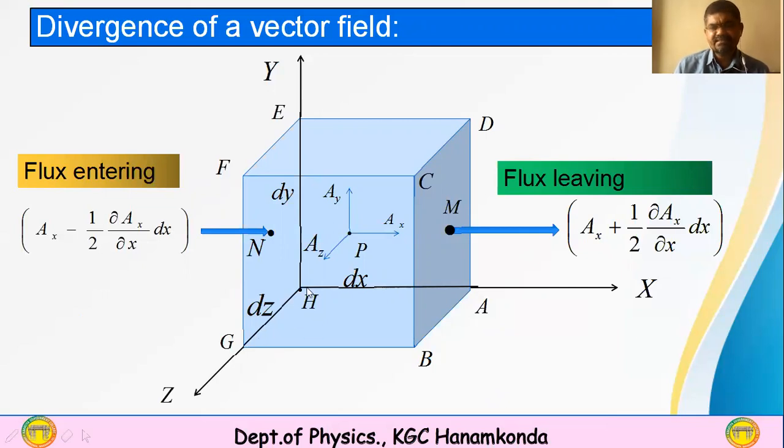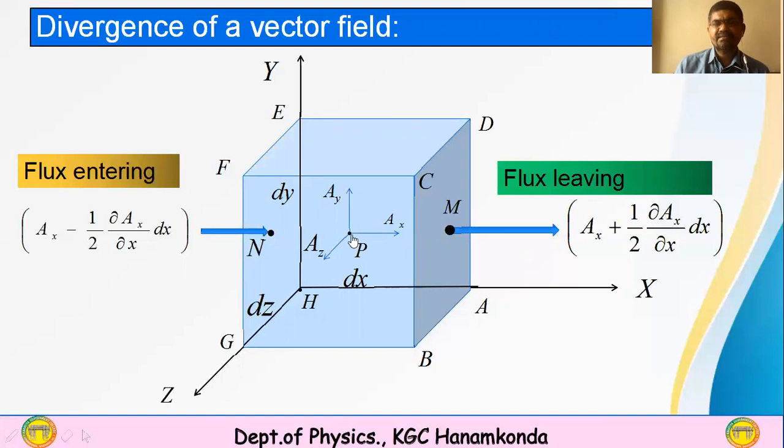This dx is parallel to the x-axis as shown in this figure, this dy is parallel to the y-axis, and this dz is parallel to the z-axis. In this rectangular parallelopiped, I am taking a point P. This point P is at the center of this parallelopiped element.